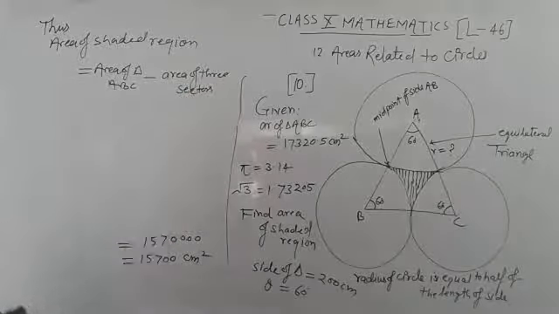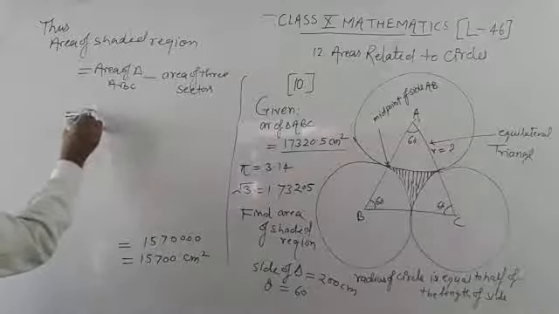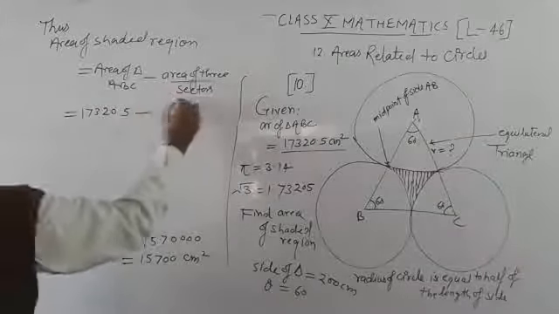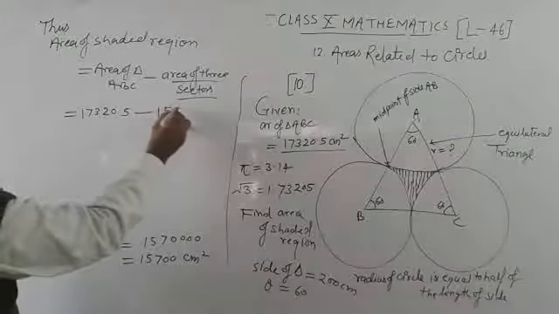The area of the triangle is 17,320.5 minus, now the area of 3 sectors, 15700.